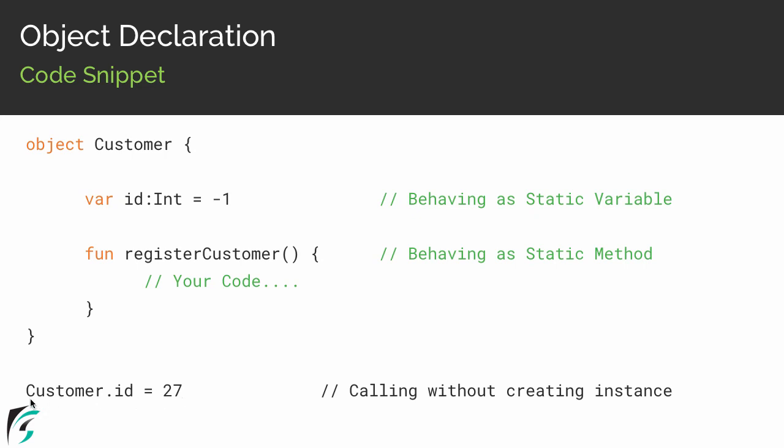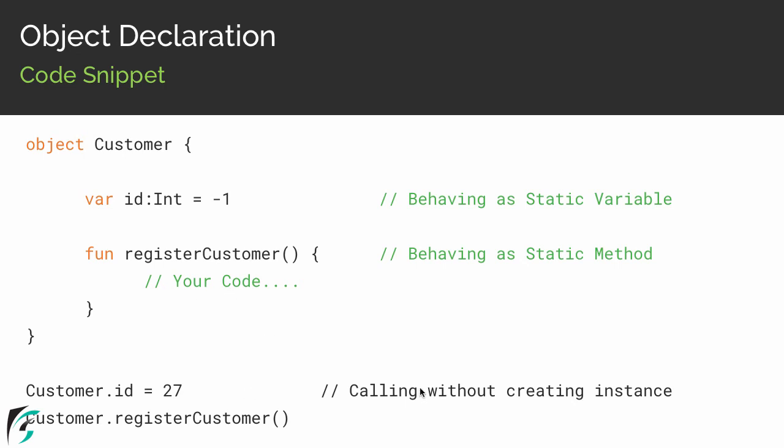Here Customer is the name of this object, so the class name or object name dot id equal to 27. That looks similar to the code from a Java background. Next we can call Customer.registerCustomer and the code inside the function will be executed.